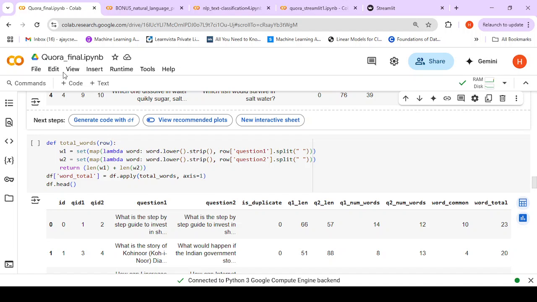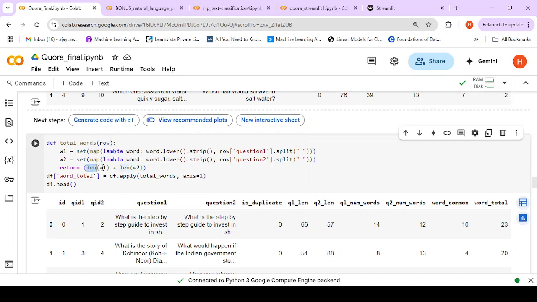Then let us see about word total. Totally how many words are there when I combine length 1 and length 2. This indicates how many words are there totally, and what are the different words that are getting used.